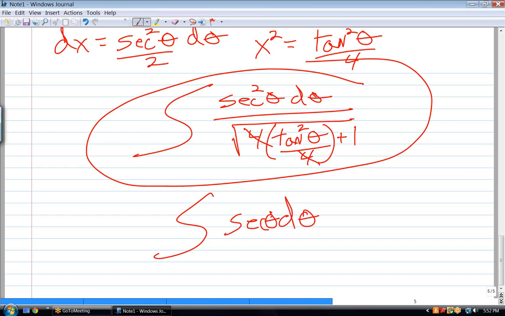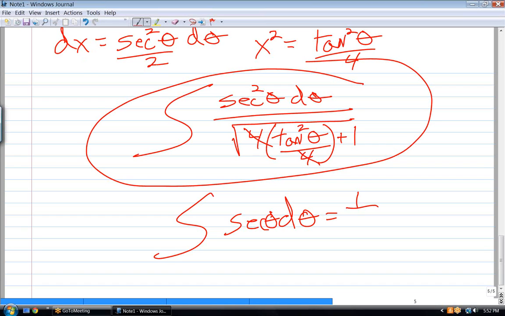Okay, well, the integral of secant d theta is another one that's hard to memorize, but we know what it is. It's 1/2... No, we had the 1/2 out front. How did I miss my 1/2? Because I didn't put the 2 in.